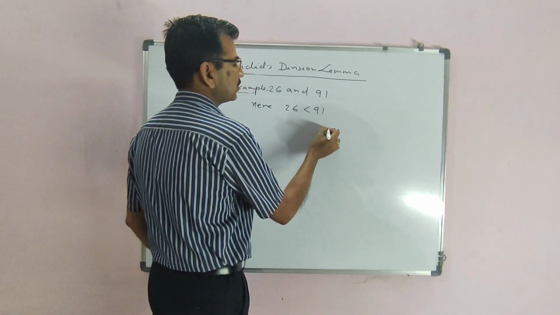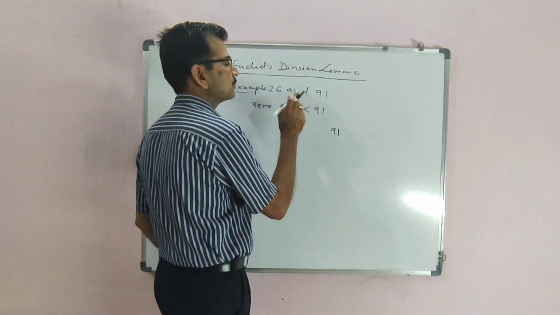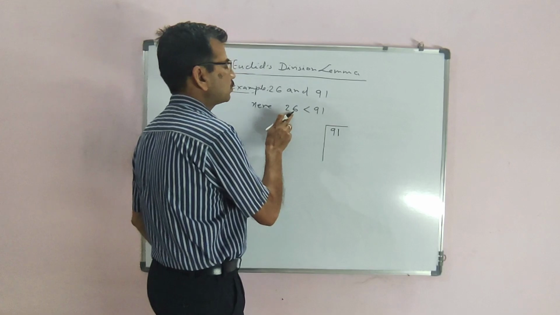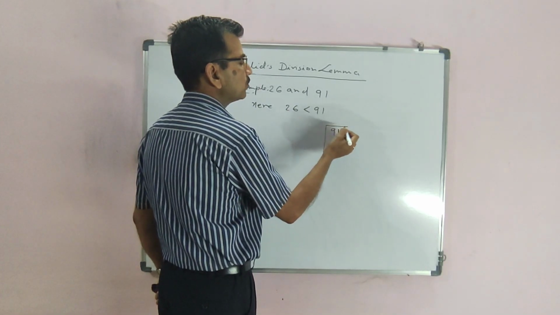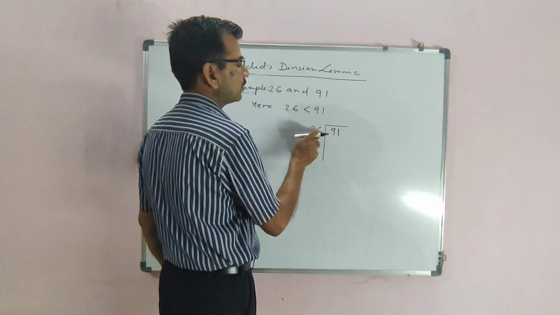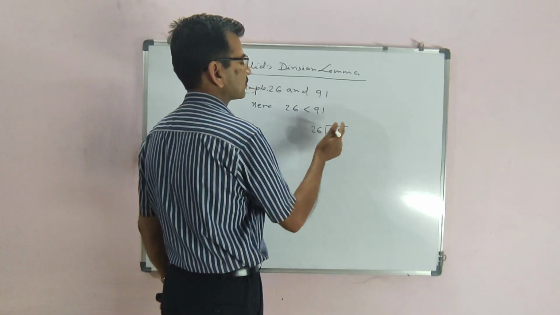After deciding which is smaller and which is bigger, we divide the bigger number by the smaller number. So let us divide 91 by 26. How many times does it go?